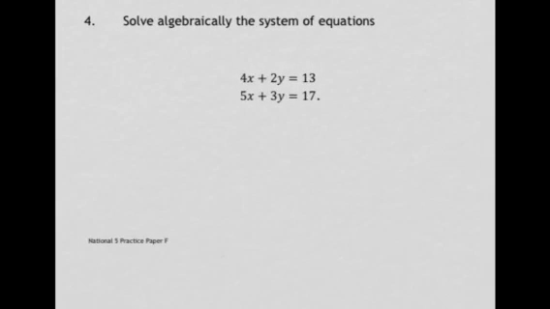Question 4. Solve the system of equations. Simultaneous equations. So I would try and get these numbers here in front of the y, the 2 and the 3, I'll try and get them the same. So I would be tempted to multiply the top by 3 and the bottom by 2. Now remember, when you multiply the top by 3, you have to multiply all of it by 3.